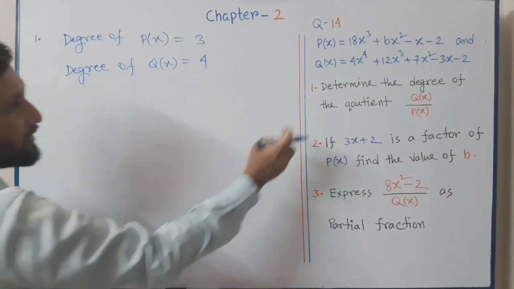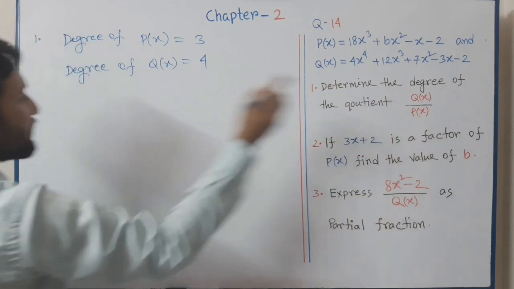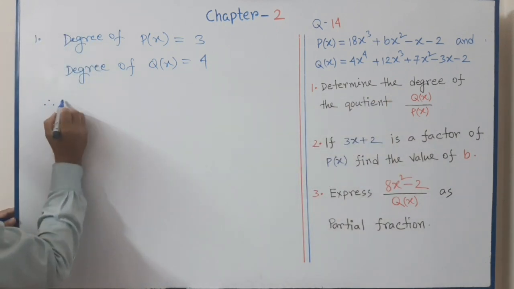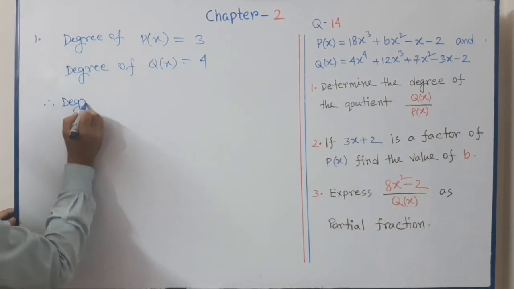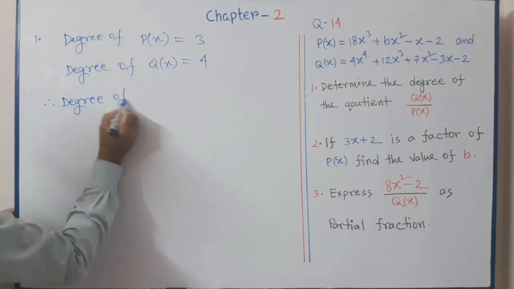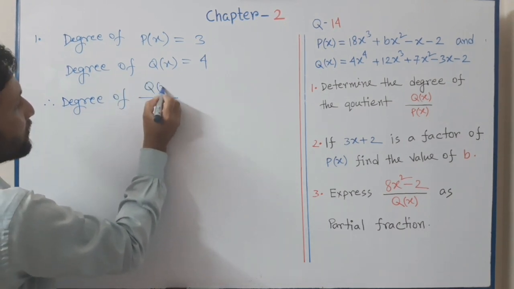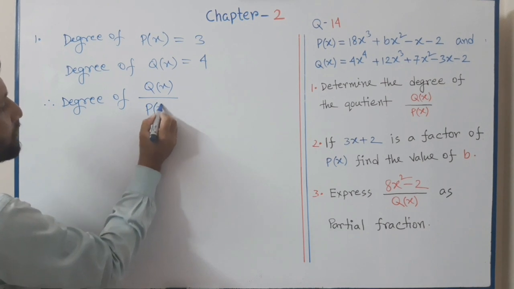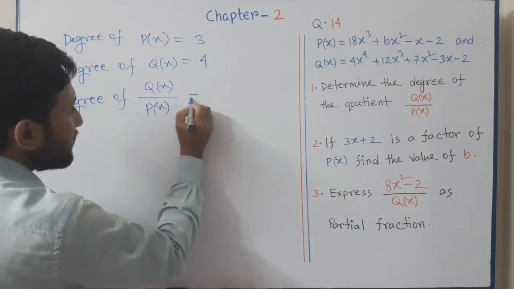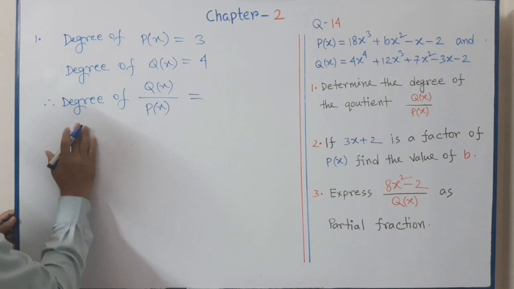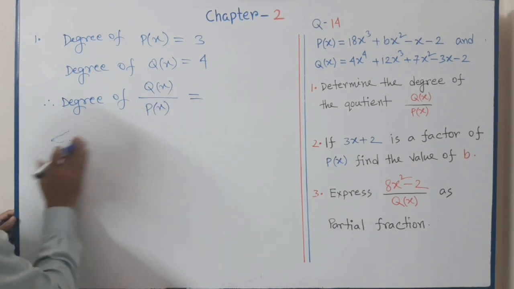But we have to identify the degree of the quotient q of x by p of x. So we can write degree of q of x divided by p of x. So it maintains a formula: degree of q of x minus degree of p of x.